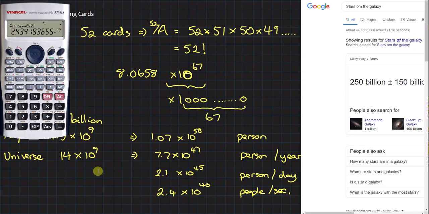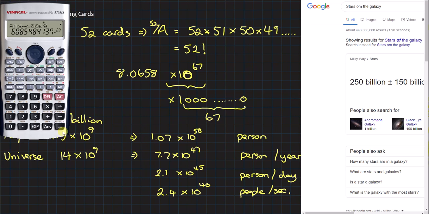But let's keep going. Upper limit here, this is the number of stars in our current galaxy. That's about 400 billion. So let's divide this by every single star. 400 billion is times 10 to the power of 9.